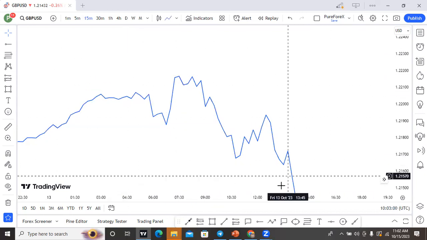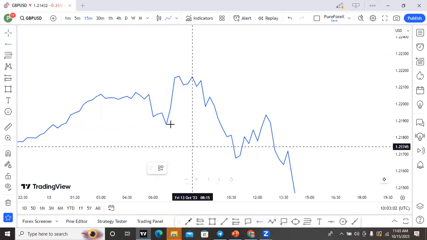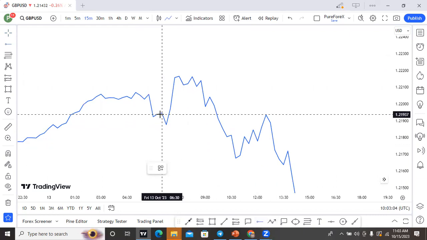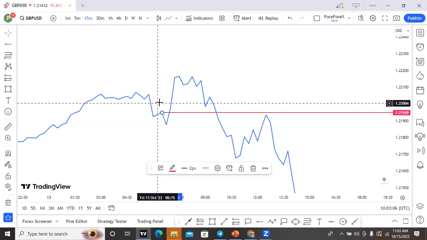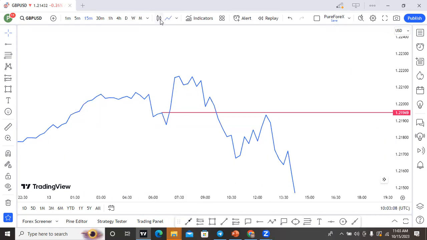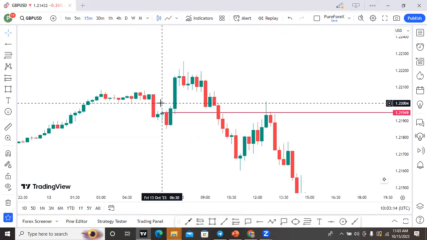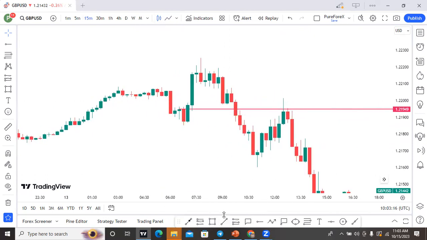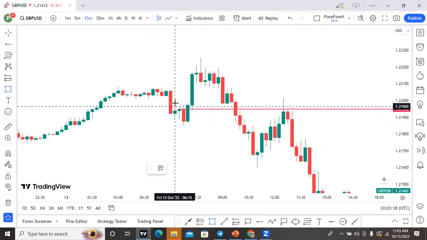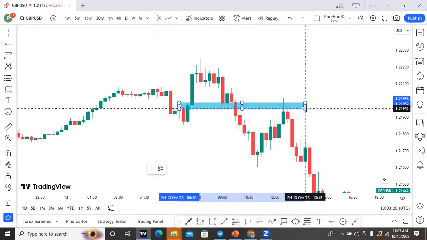So what you are going to do is pick your tool here and mark here. When you mark here, you change back from the line chart to the candlestick chart. Then you mark your box again. Okay, let me mark. Yeah.